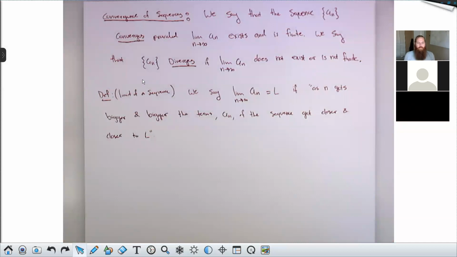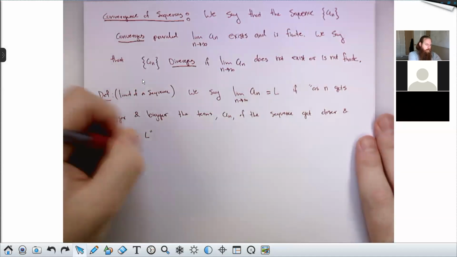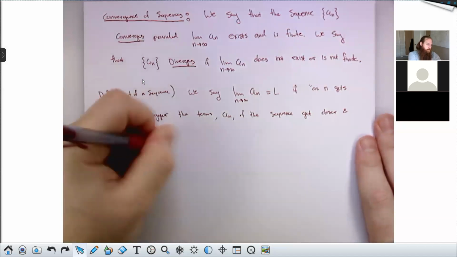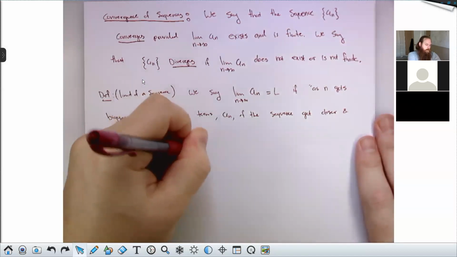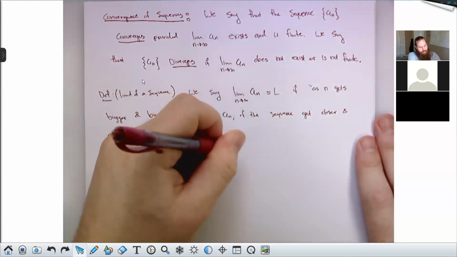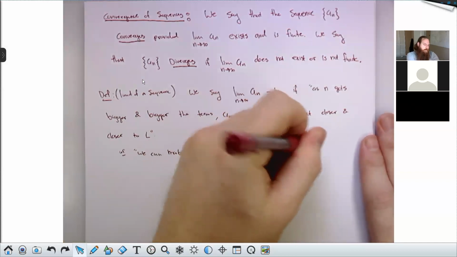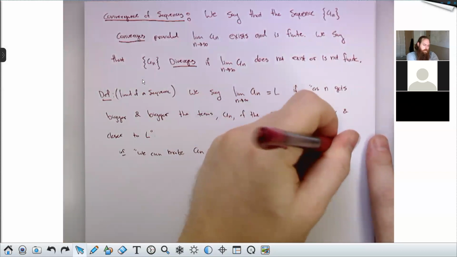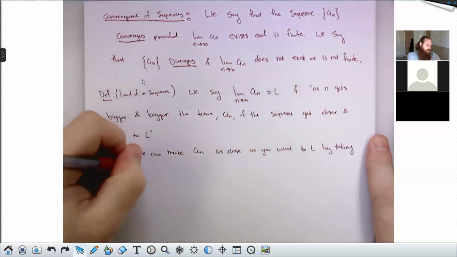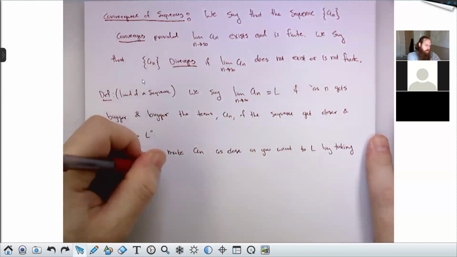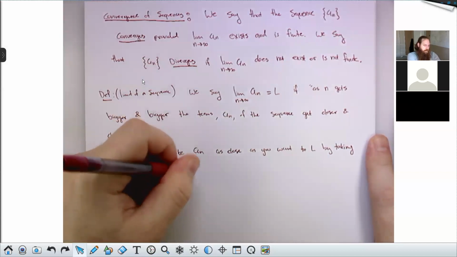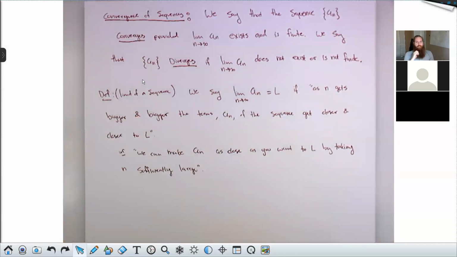That's all. So I think this is probably the definition that you're used to thinking about for limits of continuous functions. Another way to say this is we can make a_n as close as you want to L by taking n sufficiently large. All right.